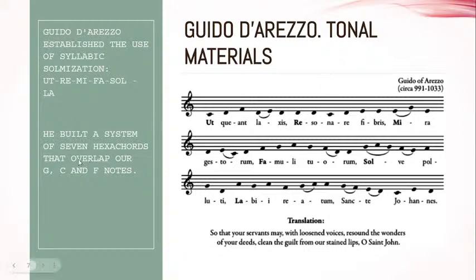So he built a system of seven hexachords, so six notes, ut, re, mi, fa, sol, la, or the modern C, D, E, F, G, A, that overlap on our G, C, and F notes.